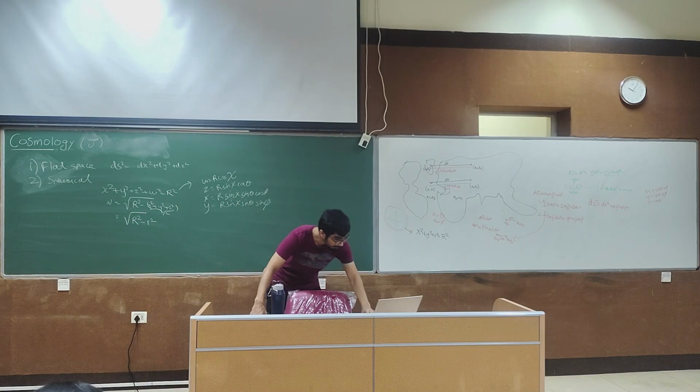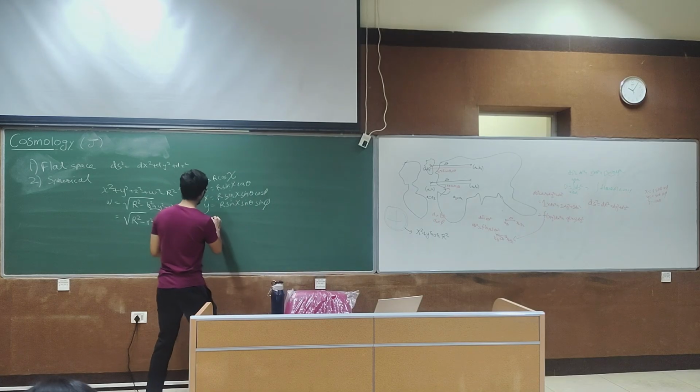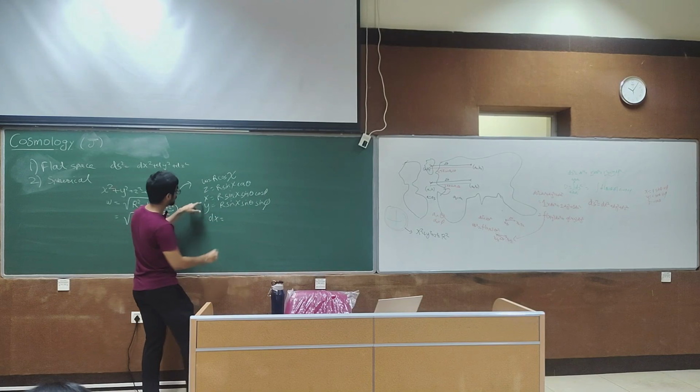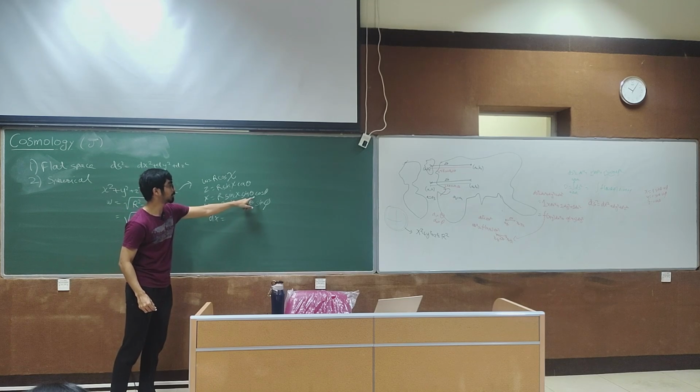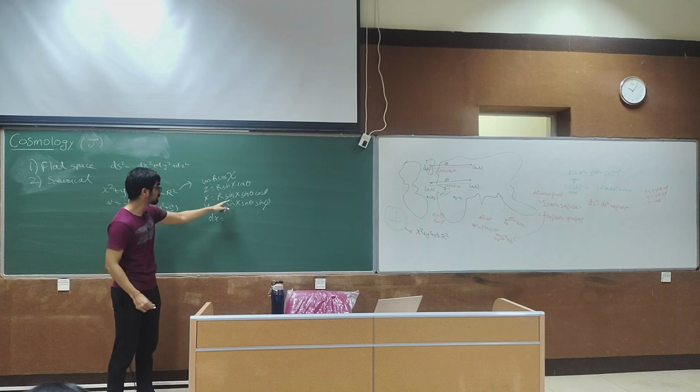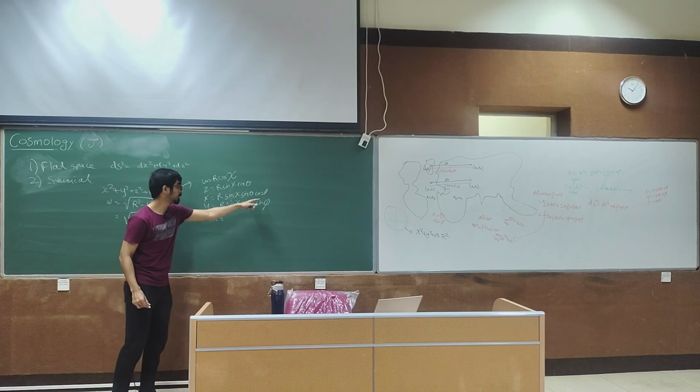Now if you take the differential elements, it would be like r cos chi d chi sin theta cos phi, and do all of that. Express dx, dy, dz in terms of d chi, d theta, d phi.